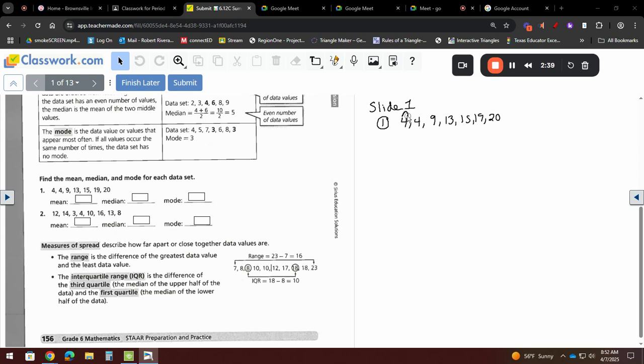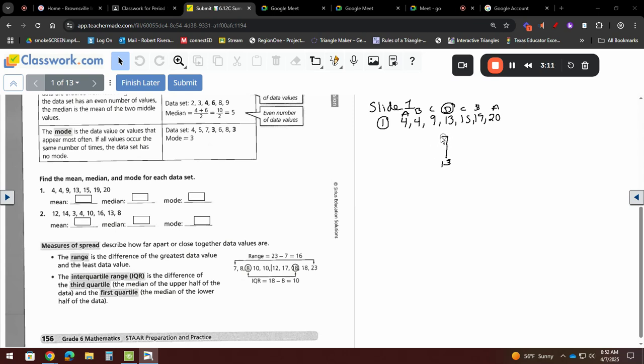So I'm going to go A, B, C, C, D. Found the median, so I'm going to draw my first line, and that will be 13. That one is called the median. It's also called Q what? Q2. Okay?